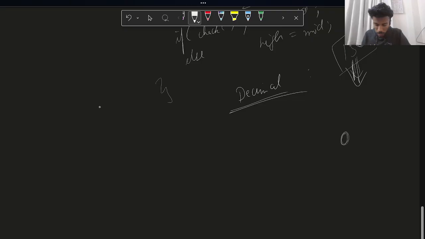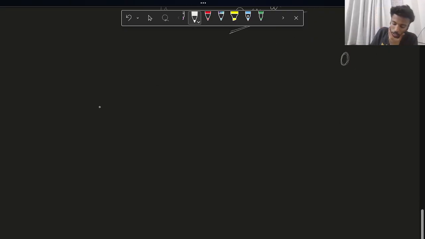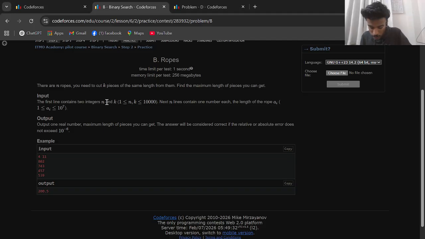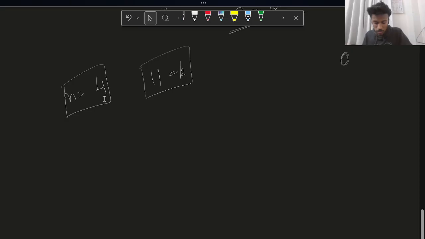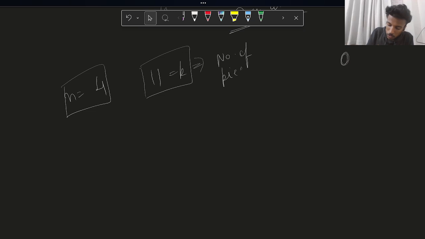What the question is saying is you will be given a number of ropes and a value k. Here 4 and 11: these are the number of ropes you have, and this is the number of pieces you have to make. This is the number of pieces of ropes I want.